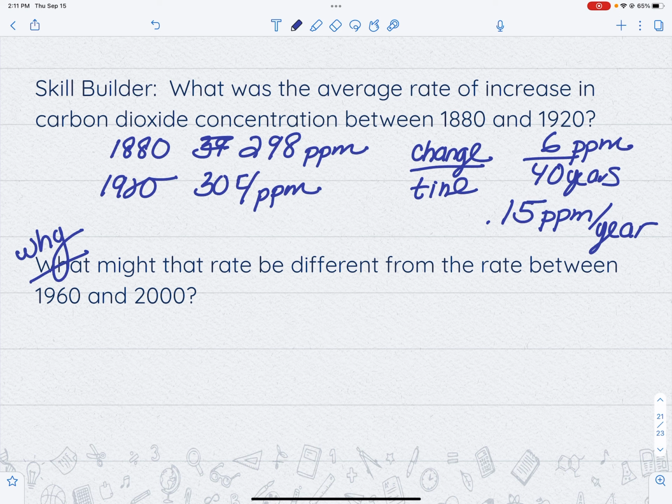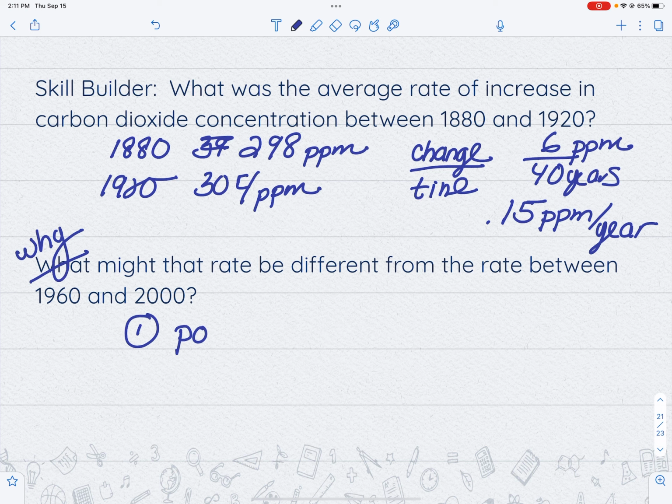So think of some possibilities for why we as a society created more carbon dioxide between 1960 and the year 2000 than between 1880 and 1920. I can think of 2 major reasons, and this is just to get you thinking. There's no real right answer for this, so if you didn't get one of these answers, no big deal.